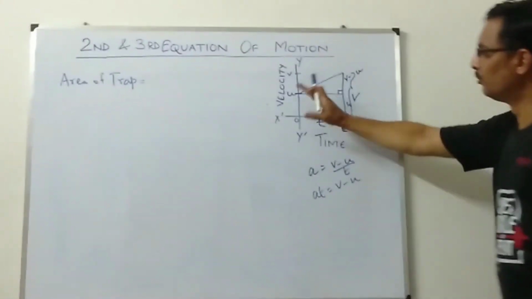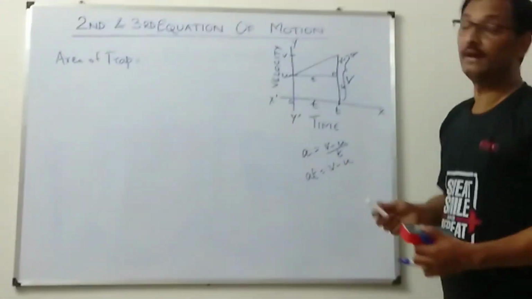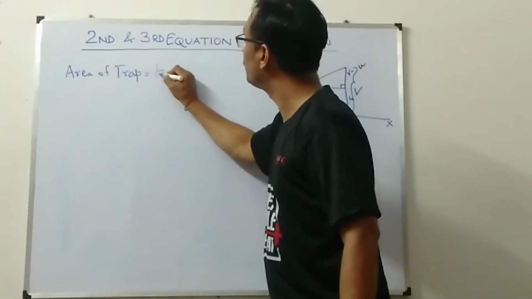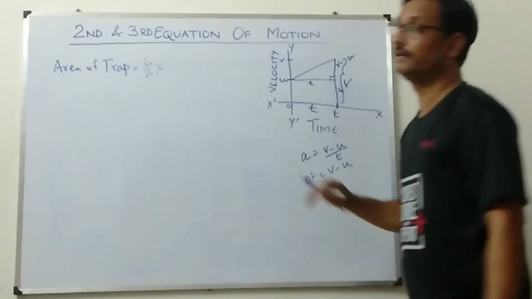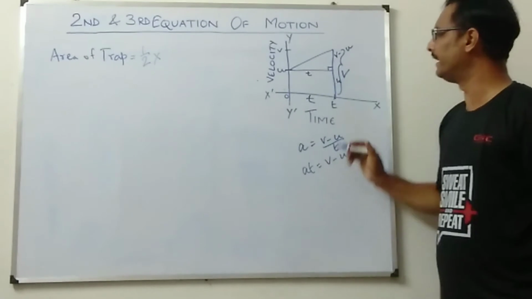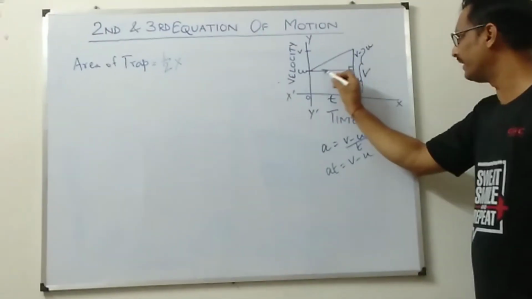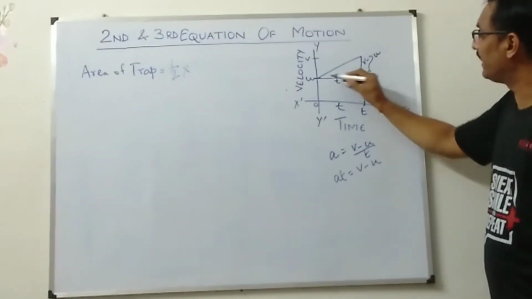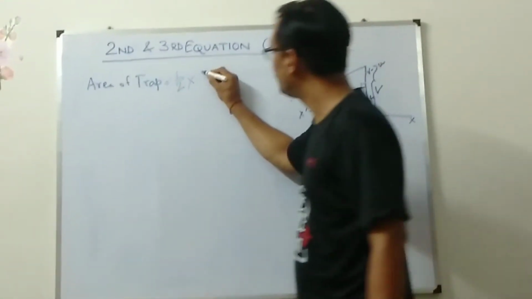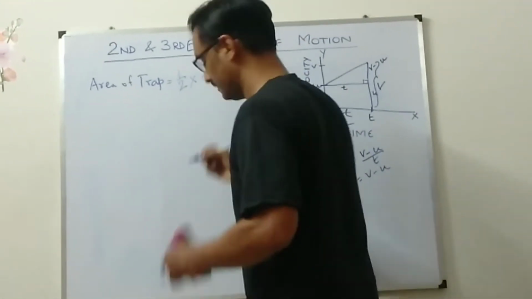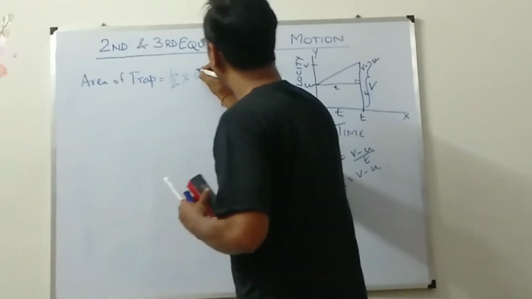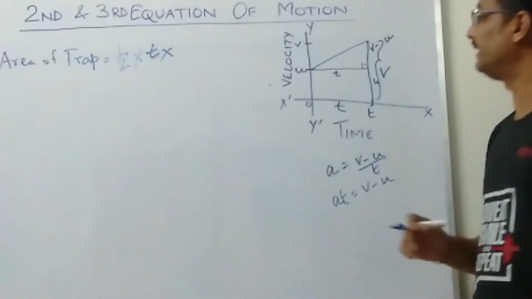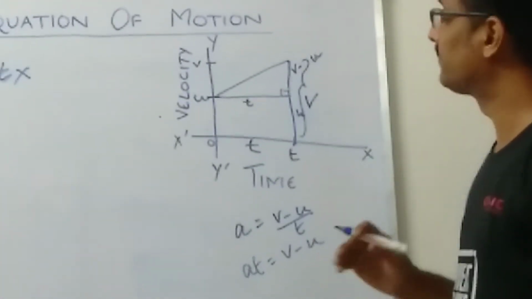From this side, you look. What is the formula of area of trapezium? Half into height into sum of parallel sides. From this side, this is height. I said this is 90 degree, so this is height. What is height? t. Half into t. What are the parallel sides?